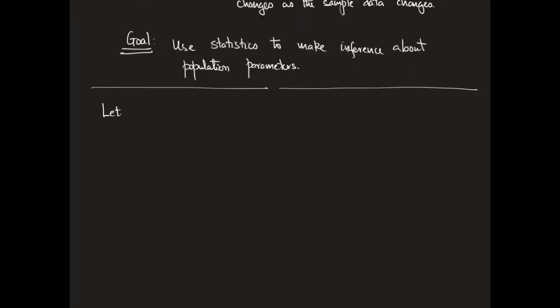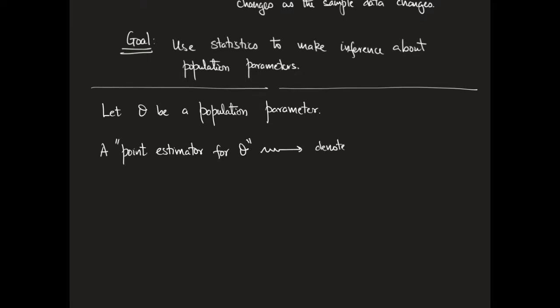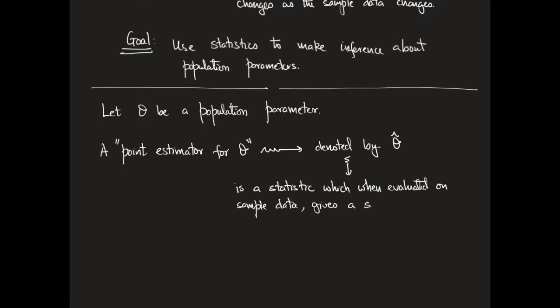To begin, let theta be a population parameter. A point estimator for theta, which will be denoted by theta hat, is a statistic which, when evaluated on sample data, gives or estimates a sensible value for the parameter theta.